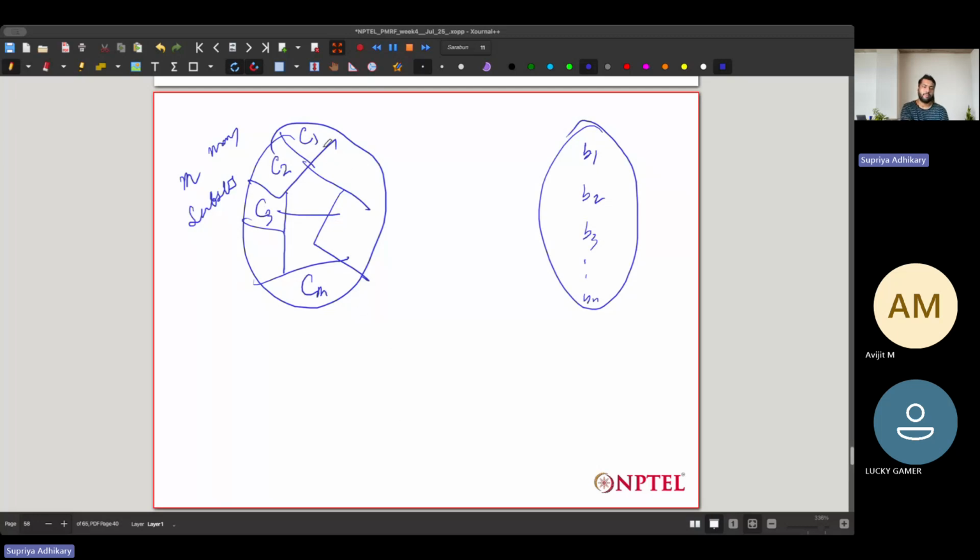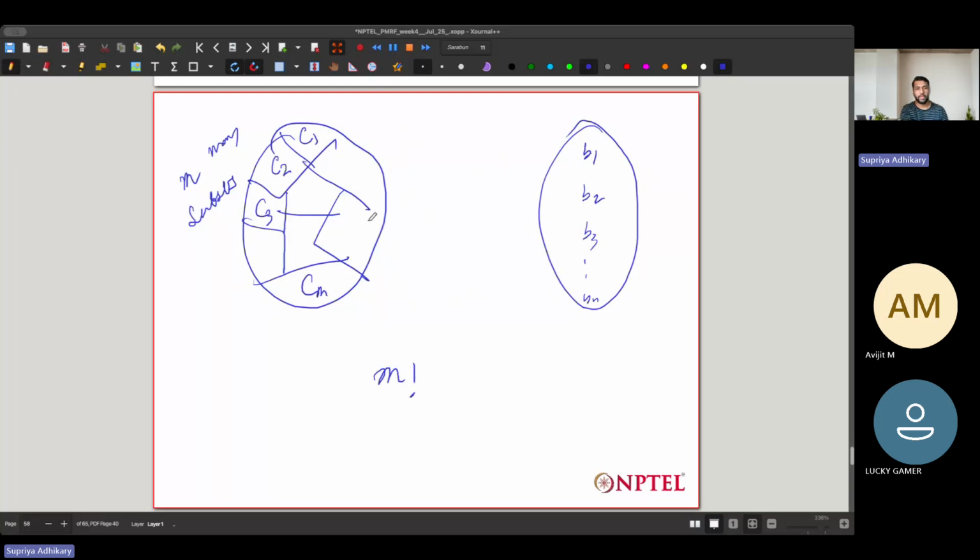Now how many ways can we map each particular class or set to one of these elements? This mapping should be done in an injective way. That is, if C1 is mapped to V1, then we cannot map C2 or C3 again to V1. So this is basically the number of injective maps from a set of m elements to a set of m elements. That is m factorial, which we have already proved. So m factorial ways we can map each of these classes to each of the corresponding elements.